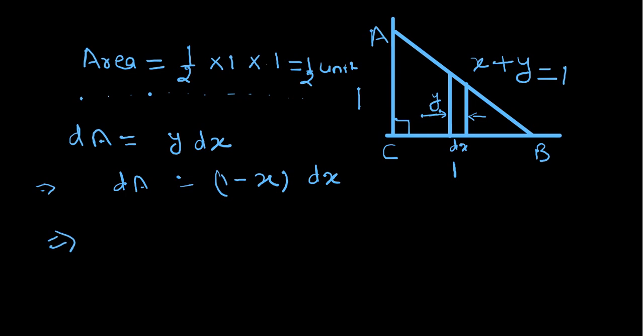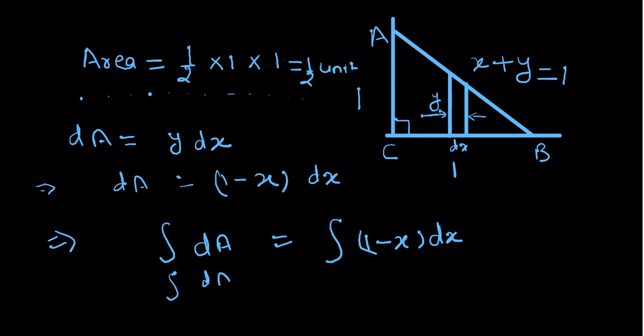If it keeps on adding the smaller strips, then it will form the bigger area, so that's why we are using the integration. So you apply the integration on dA, and here you apply the integration of (1 minus x) dx.